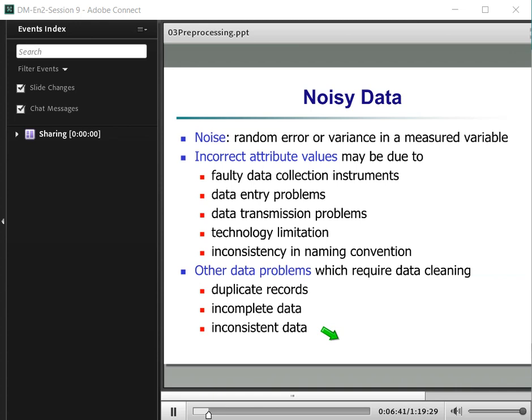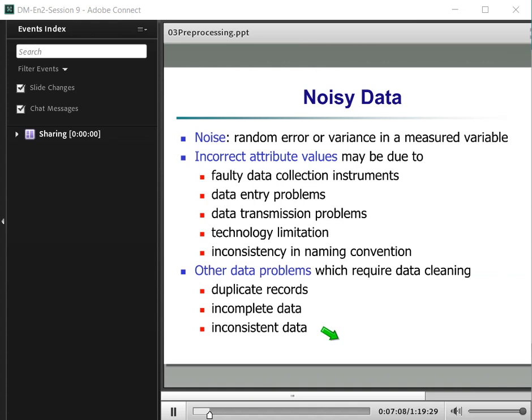Maybe the transmission service has some problems. Maybe the technology that I'm using has some problems. Maybe some inconsistencies between different sources of data may cause some problems.